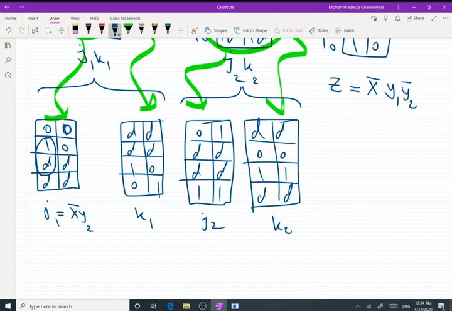For K1, we can group these two together, and this one with this d.